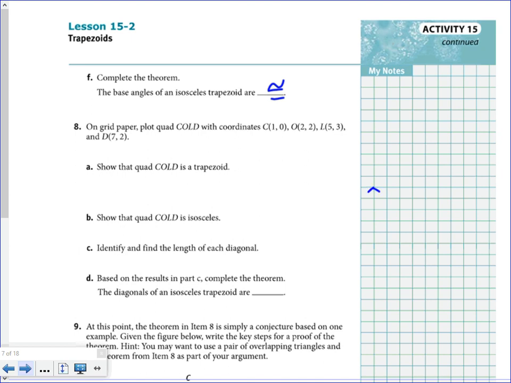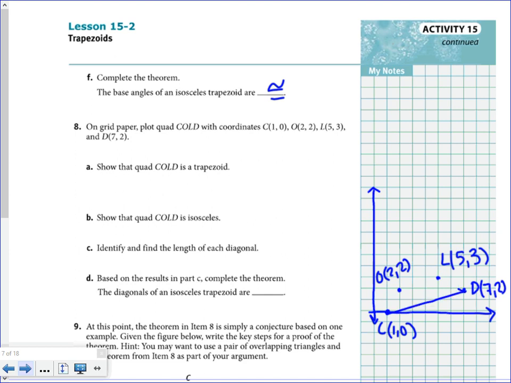And you have grid paper over on the right, so go ahead and plot out your points. So there's your quadrilateral.